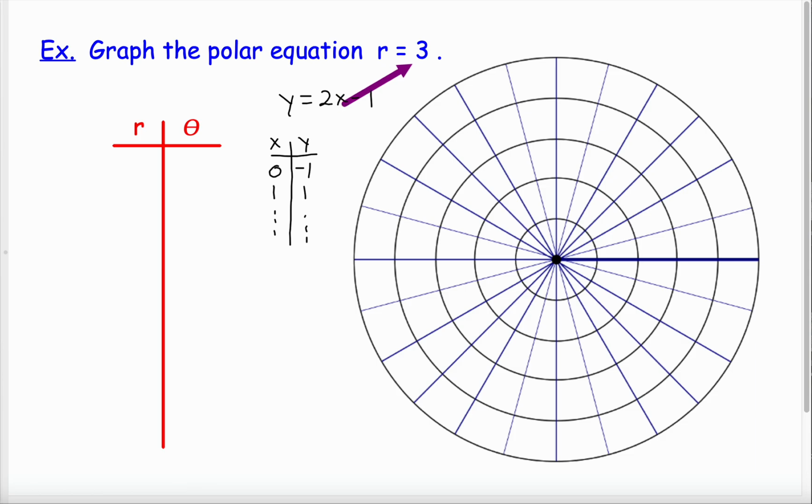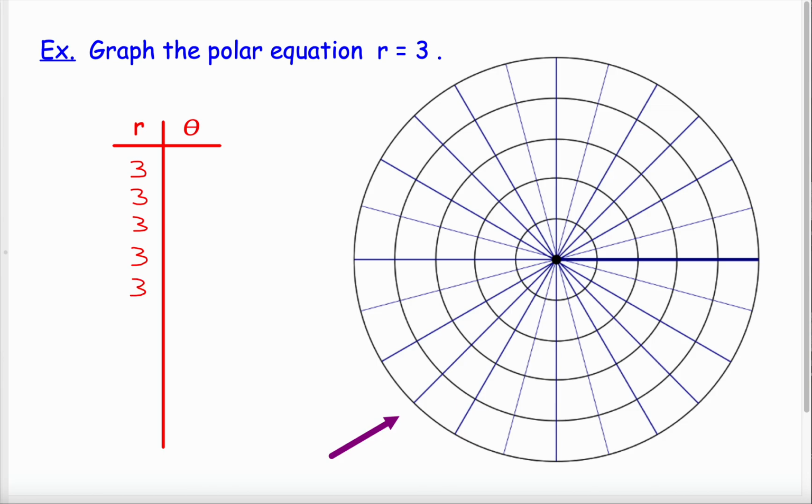Okay, so now we're going to do the same idea in polar, except now we don't have a theta in our equation. We just have an r. So that's going to change how we fill out our table a little bit. It'll actually be a lot easier. In our table, we know r has to be 3, no matter what we do. So all the r values have to be 3. Theta can be anything we want because it's not defined in our equation.